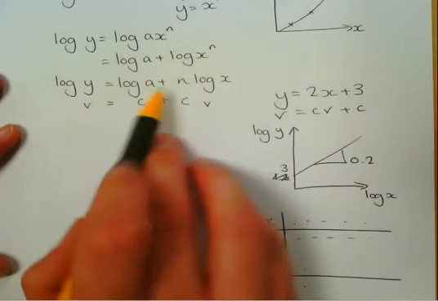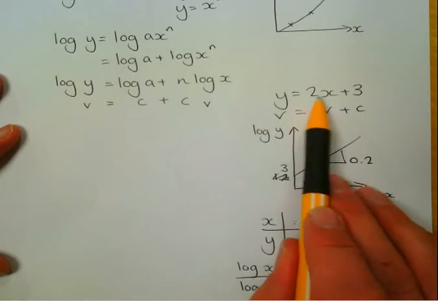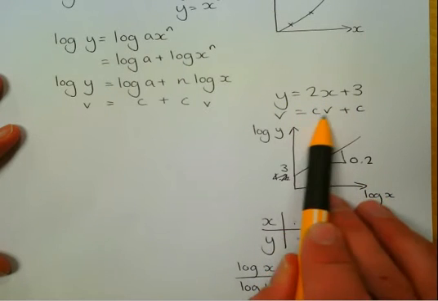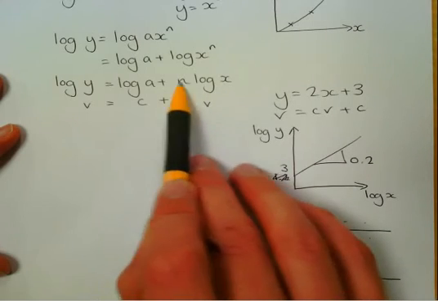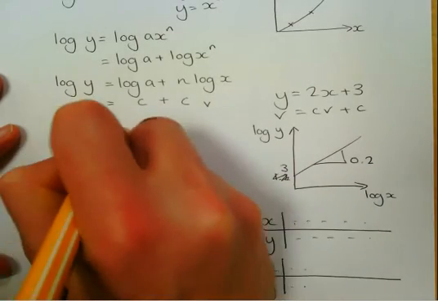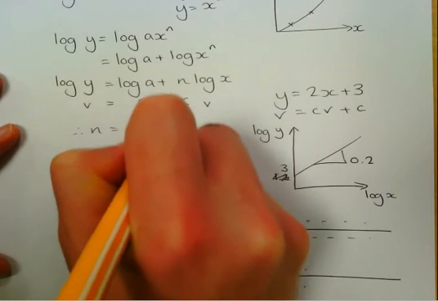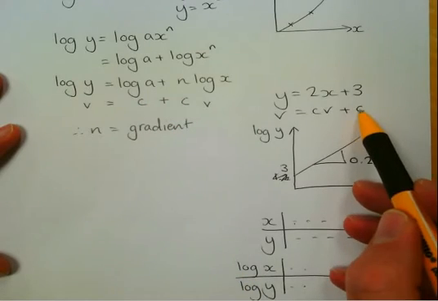So if we think about back to this, we know that is the gradient. So the constant on the constant variable term is always my gradient. So here's the constant variable term, and that constant must be my gradient. So therefore n is the gradient. And the constant term all on its own is the y-intercept.